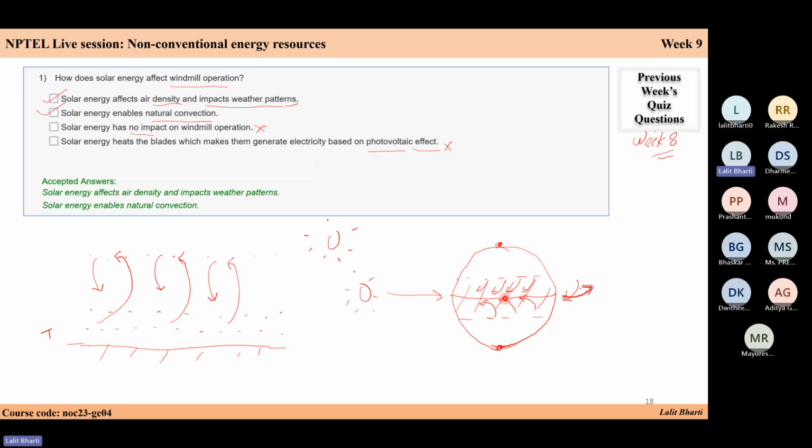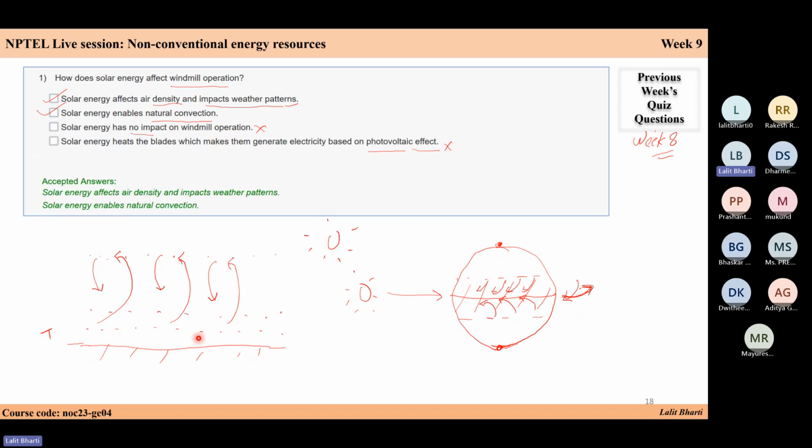First, the earth is rotating in the presence of the sun, and your equator gets heated more compared to your poles, so you get temperature gradients, and that's why you get these specific directional wind patterns.